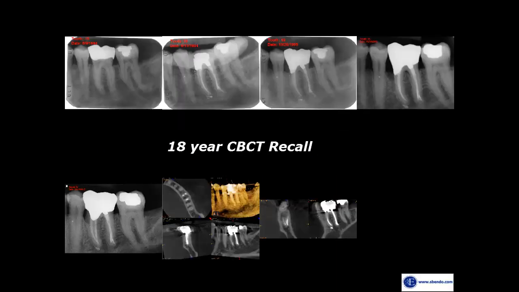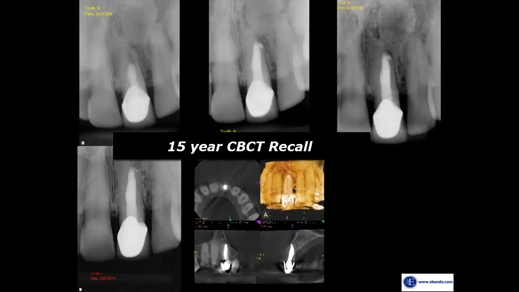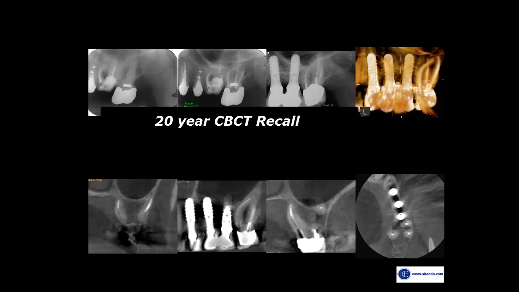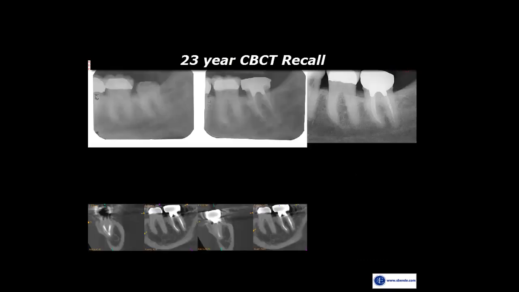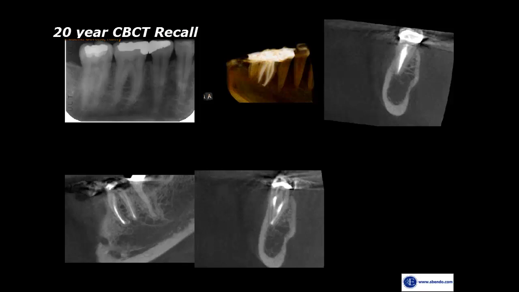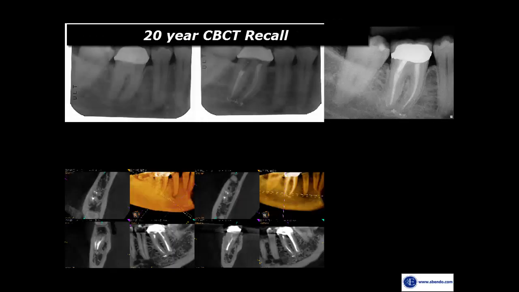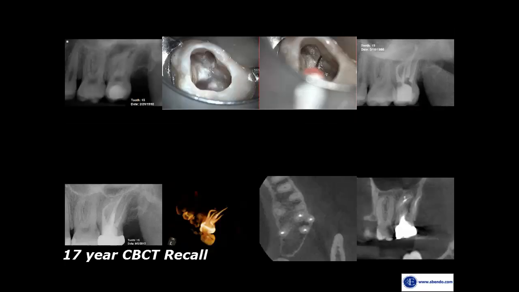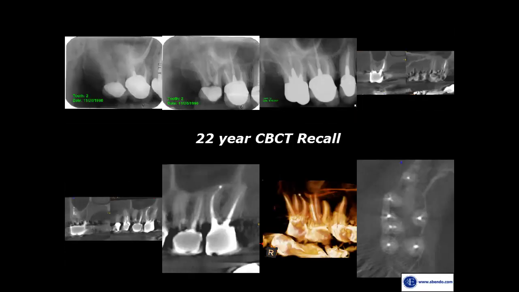Now it's very interesting these days, with the advent of cone beam CT, this sheds a light on everybody's work. I've looked at 650 uninterrupted sequential recalls since I first got my cone beam CT machine in 2009, and of those 650 cases, I've been able to get about 350 cone beam CTs, and it's very interesting.